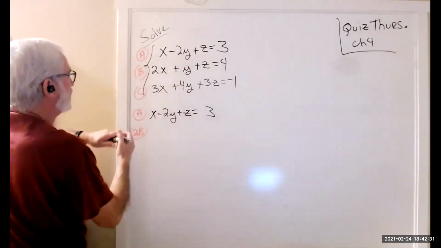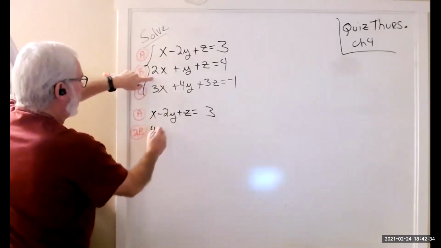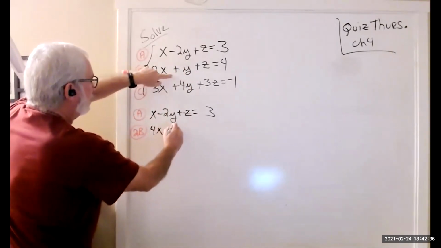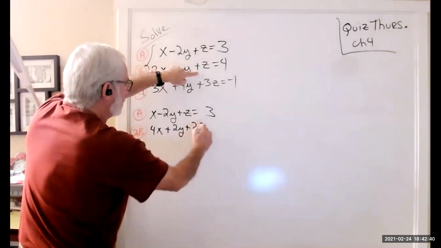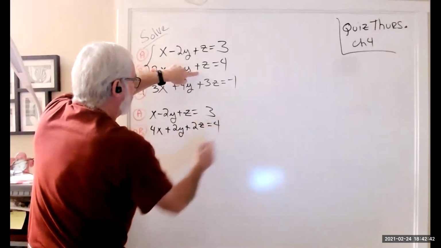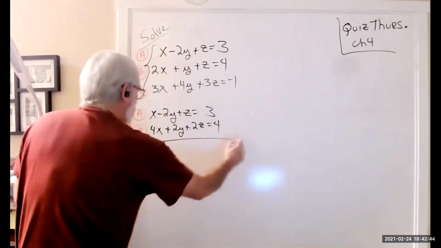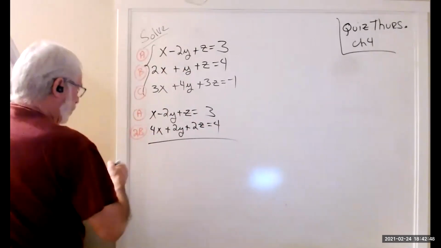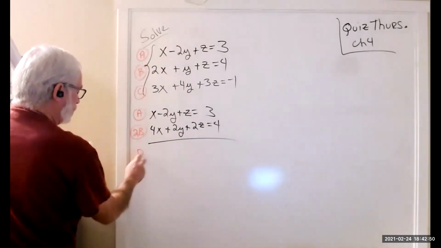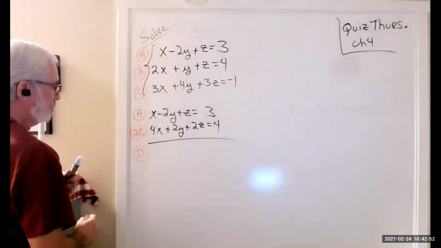But 2 times B is 4X plus 2Y plus 2Z, maybe I should write equals 4. Add these two together, and we create a new equation called D.